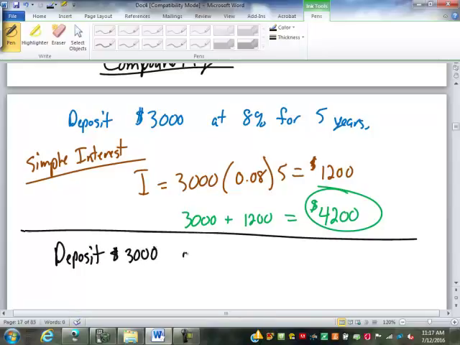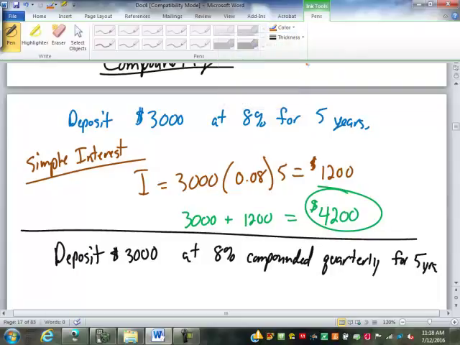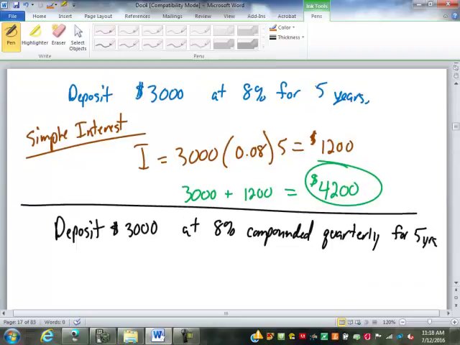Deposit $3,000 at 8% compounded quarterly for 5 years. What's that compounded quarterly mean? Well, it means every quarter, every 3 months, 4 times a year, they're going to figure out the interest and add it to your account. That becomes part of your balance, and the next quarter you get interest on top of that interest. So let's look at how that works.